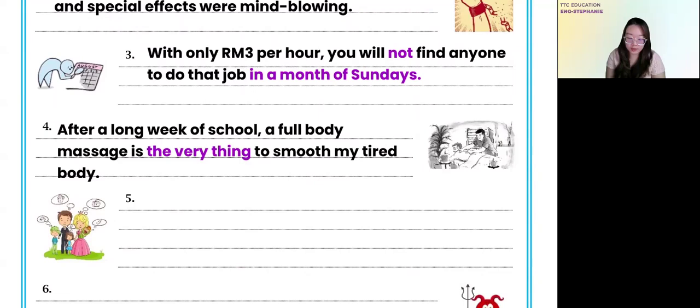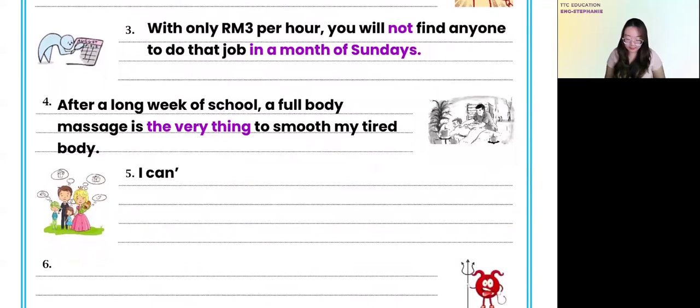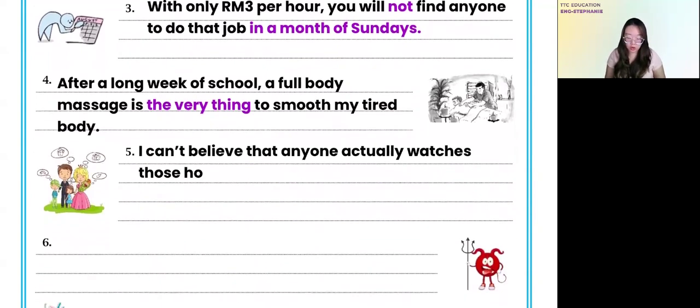All right. Moving on to the next one, we have our fifth one. So this one is each to their own preference. So you can say things like this. I can't believe that anyone actually watches those home shopping TV channels. Okay. Have you seen all that on TV? All right, that kind of stuff.